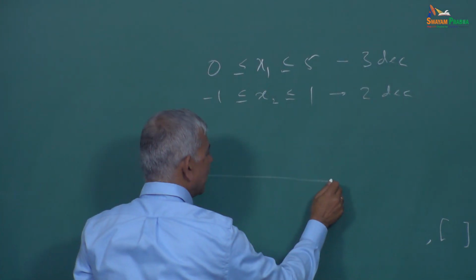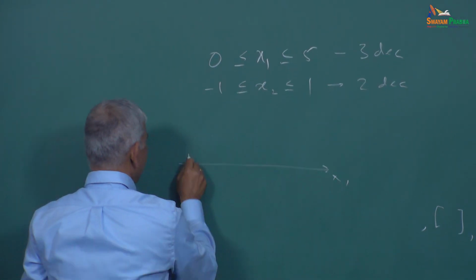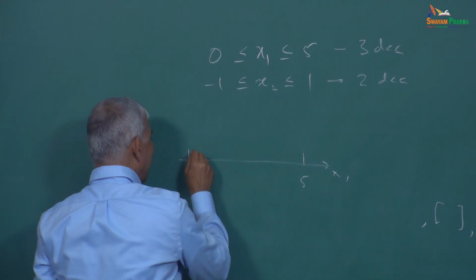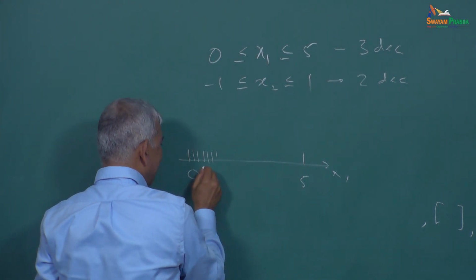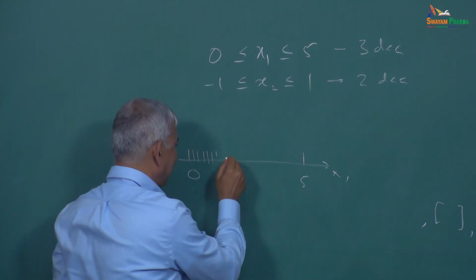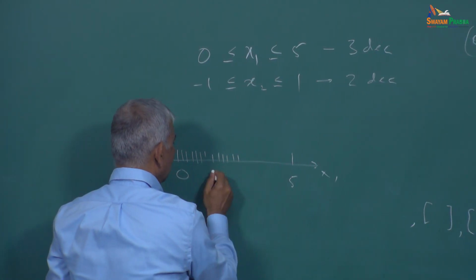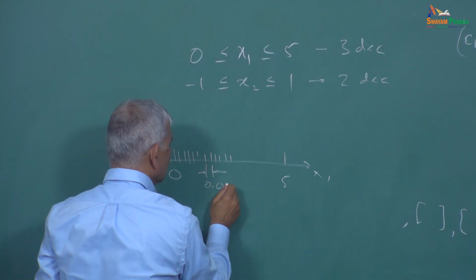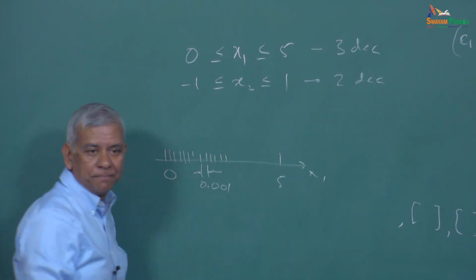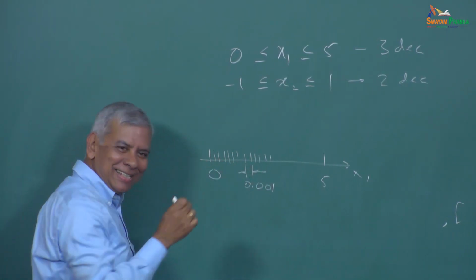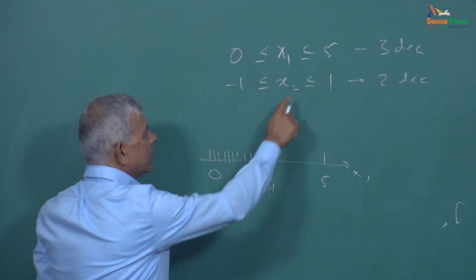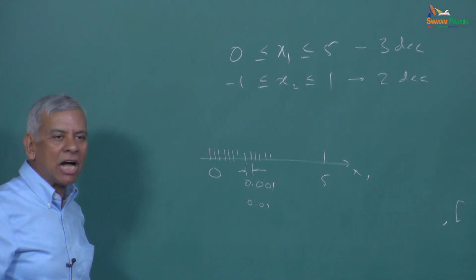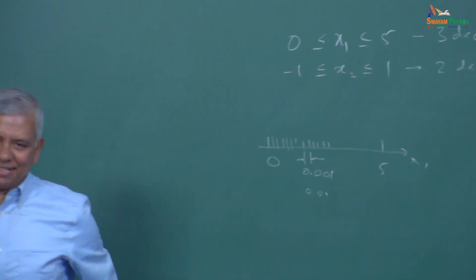When I look at x1, I have 0 to 5 as my range. I want intermediate points, so every binary string is going to map in this decoded space. The distance between 2 points should be 0.001, 3 decimal places. Then only can I get 3 decimal places of accuracy. And on x2, the distance should be 0.01. How do I find how many bits I need?